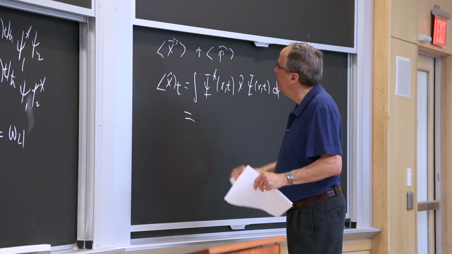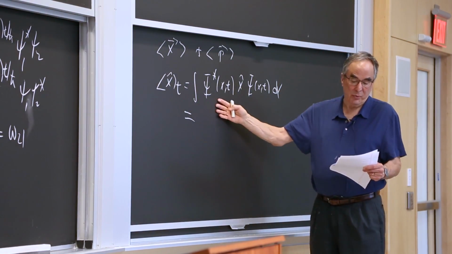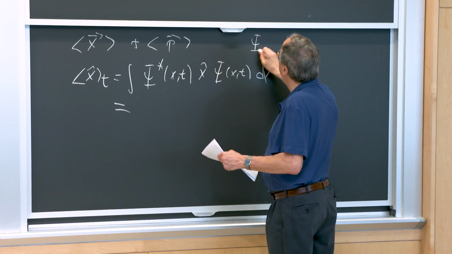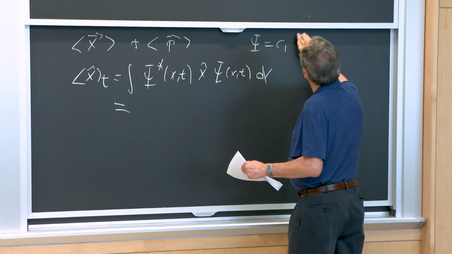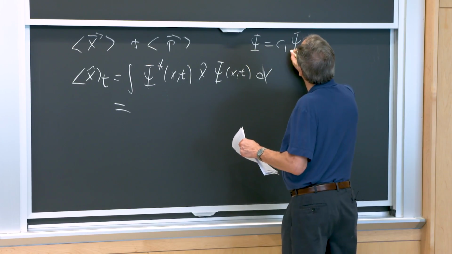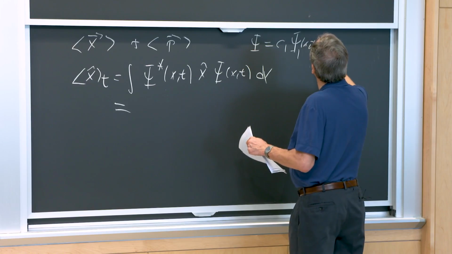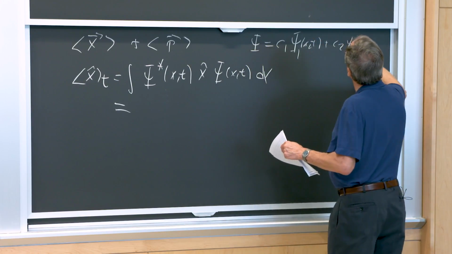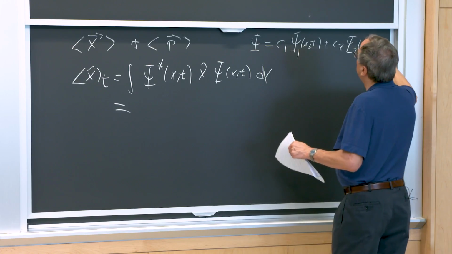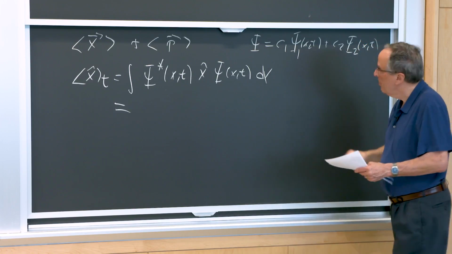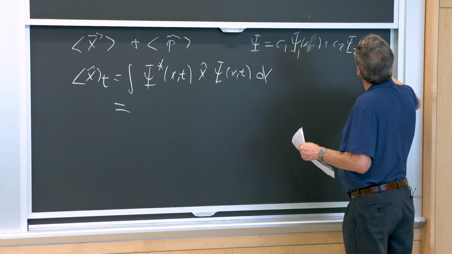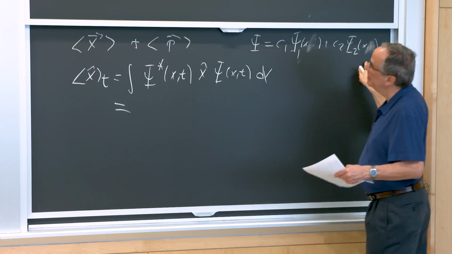Again, we take this thing apart and we say, all right, suppose we have the same superposition. Psi is equal to C1 psi 1. Okay, actually, these should be the time independent.